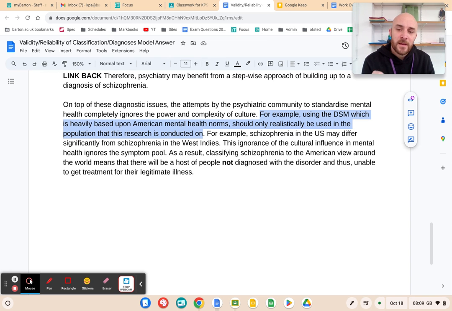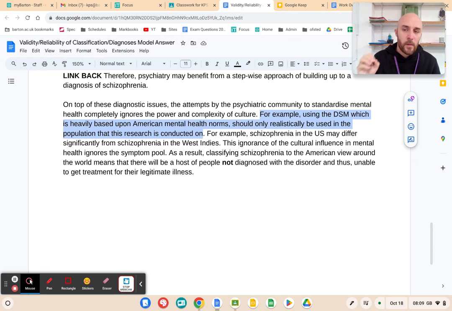For example, schizophrenia in the US may differ significantly from schizophrenia, for example, in the West Indies, the Caribbean. This ignorance of the cultural influence in mental health ignores the symptom pool, and as a result, classifying schizophrenia to the American view around the world means there will be a host of people who are not being diagnosed with the disorder correctly, and thus they're unable to get treatment for their legitimate illness.